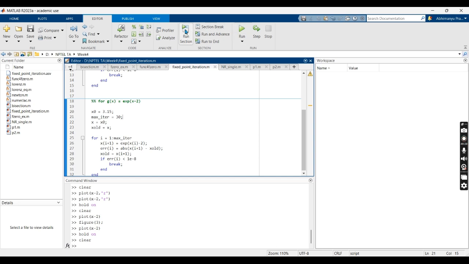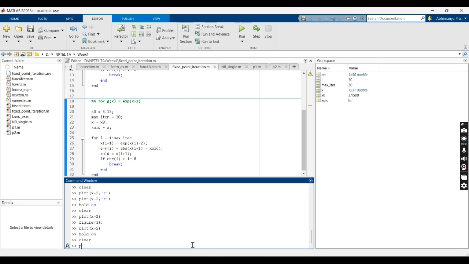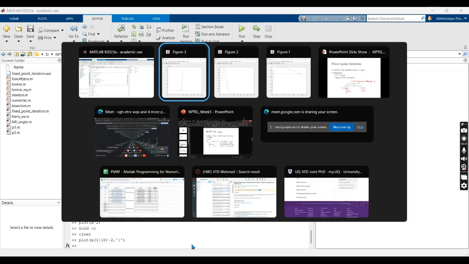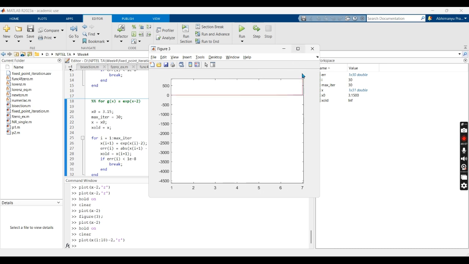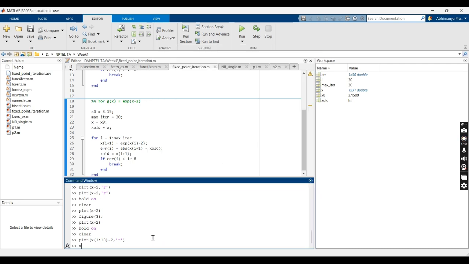So I have in total 18 iterations. Run this again and I will try to plot the first 18 iterations. Yeah, so even for 18 iterations, it is diverging.